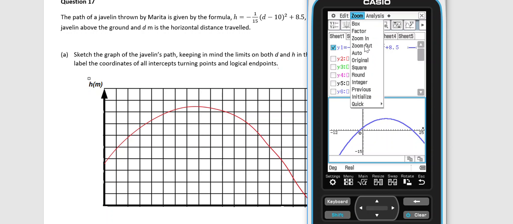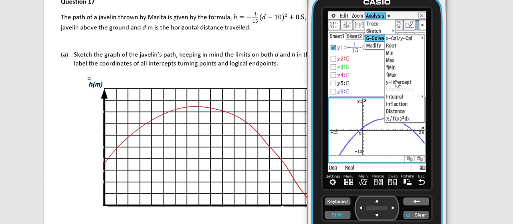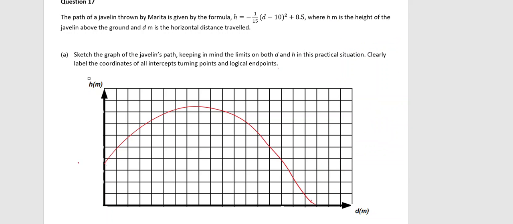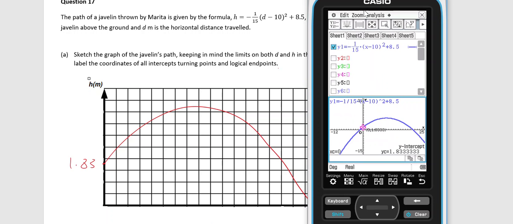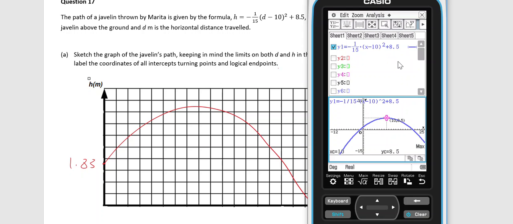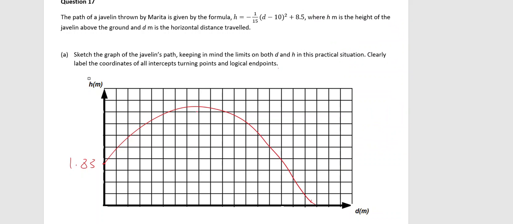So analysis, G-solve, y-intercept. So 1.83. The maximum would be my max, and it happens at 10, 8.5. So that's 10, 8.5.